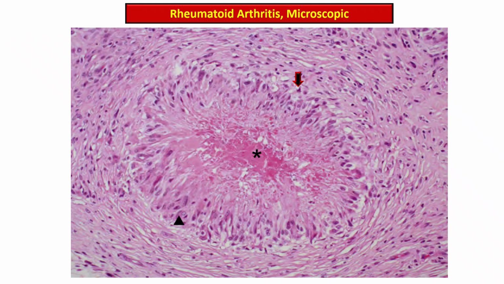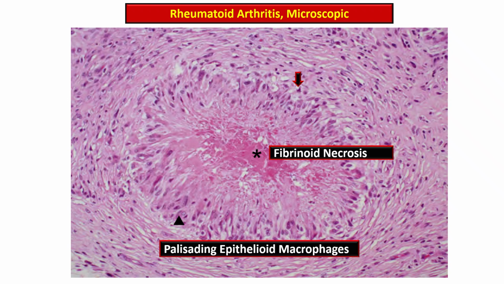This is the microscopic appearance of a rheumatoid nodule that has a central area of fibrinoid necrosis, and this central area is surrounded by palisading epithelioid macrophages, and there is presence of other mononuclear cells. These are non-tender nodules that are present in about a quarter of patients with rheumatoid arthritis.